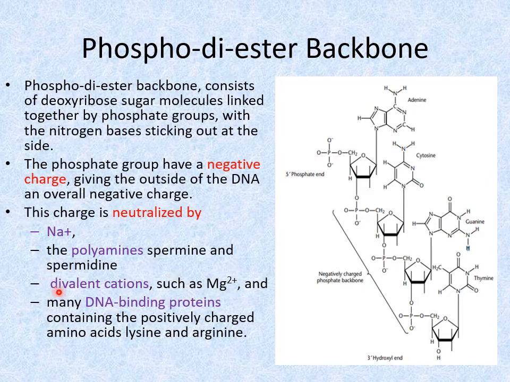Various divalent cations like magnesium ions, and of course the DNA binding proteins, the positively charged basic proteins, that is the histones, which are rich in amino acids like lysine and arginine, neutralize the negative charge of the phosphodiester backbone of the DNA molecule.